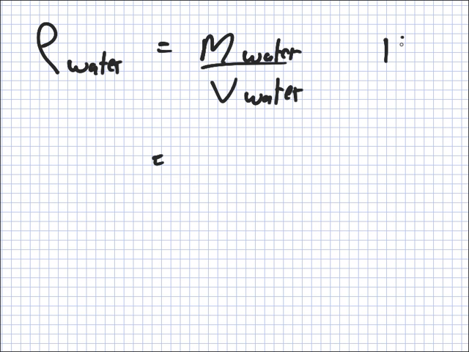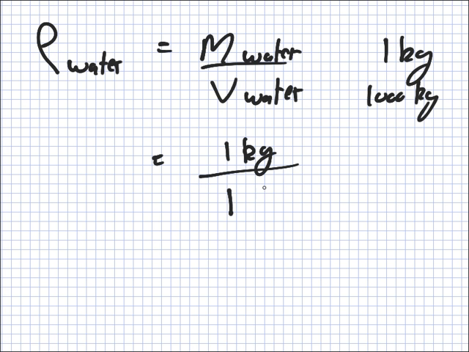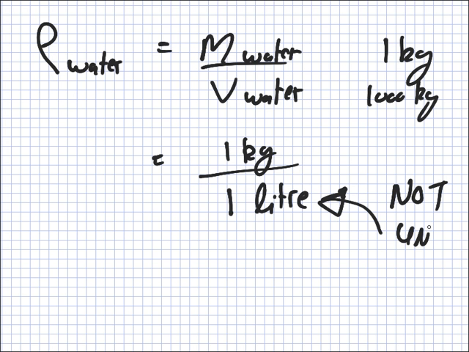Do you want to use 1 kilogram or 1,000 kilograms? It doesn't matter, you can use either. So for example, if you use 1 kilogram, then you have 1 kilogram over 1 litre. But here's the problem. Litre is not a good unit we use. We use metre. So we need to change this.